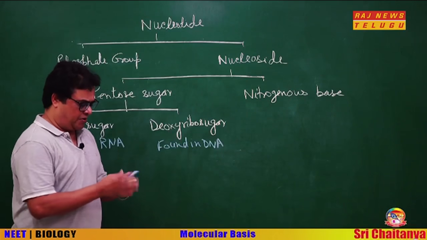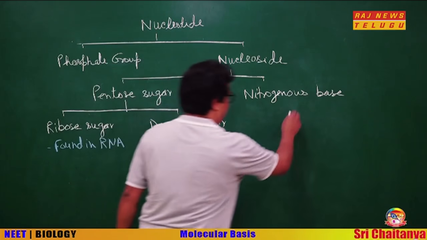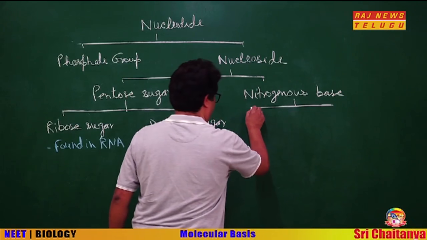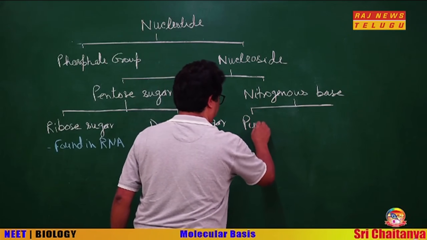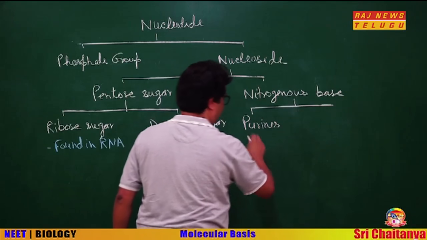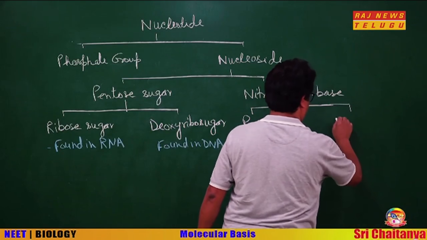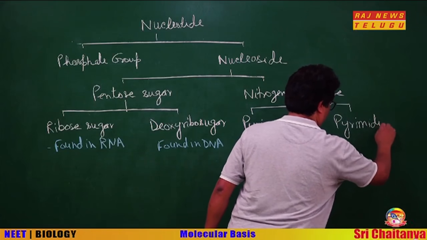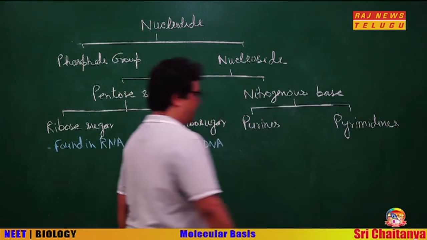Okay. Now nitrogenous bases. Nitrogenous bases are also of two types. Purines and pyrimidines. Okay.